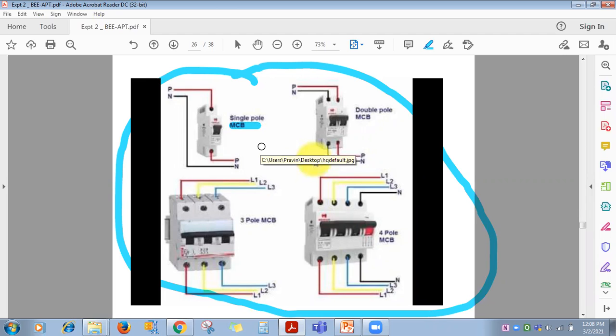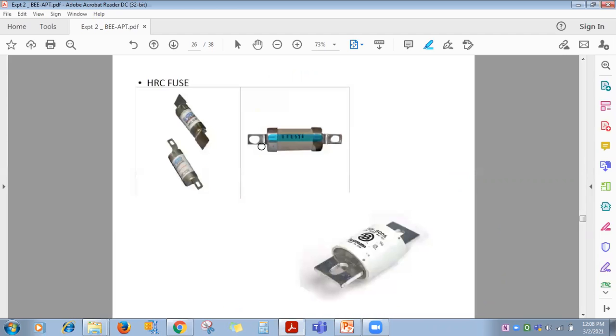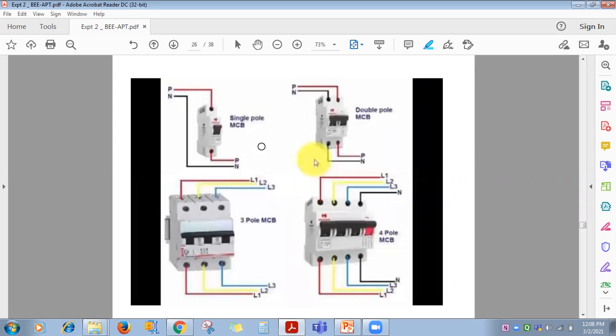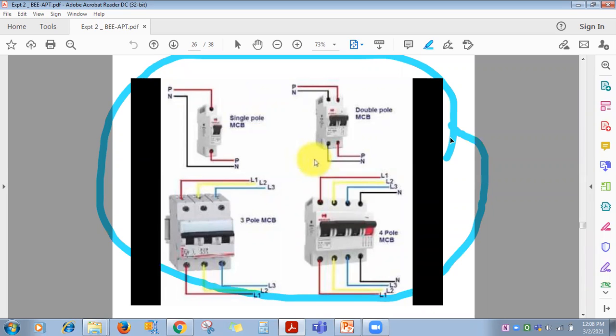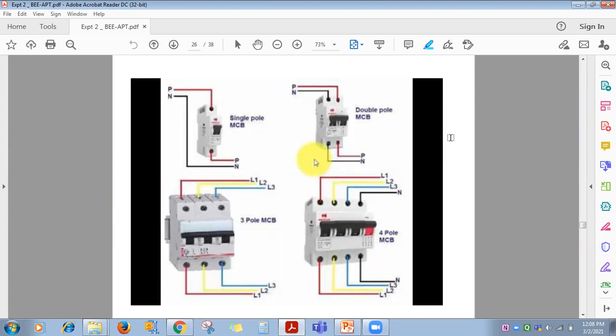With the HRC fuse, once it operates, you have to replace it with another one. That is not the case here. When it operates, it trips off, meaning the switch comes to the off position. You correct the fault and manually switch it on. So nowadays fuses, HRC fuses and rewirable fuses are being replaced by the miniature circuit breaker, called MCB. Now we'll see about the MCB.